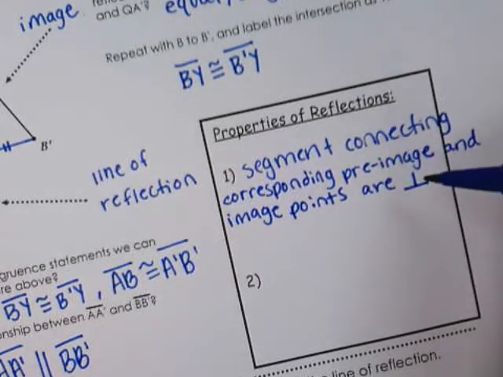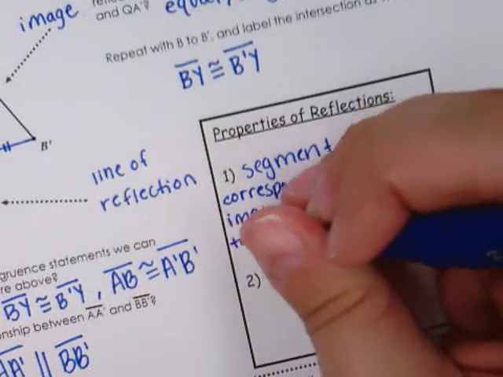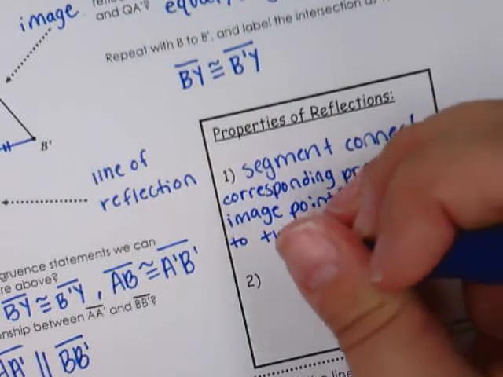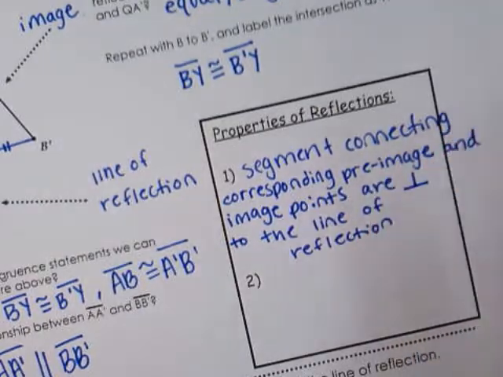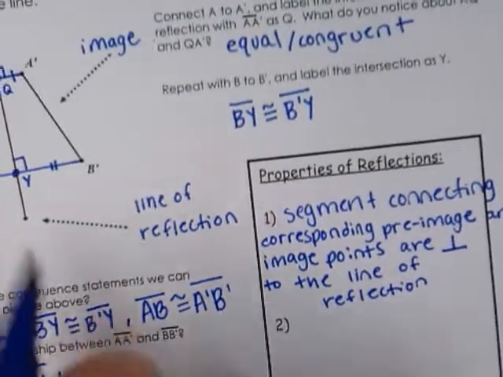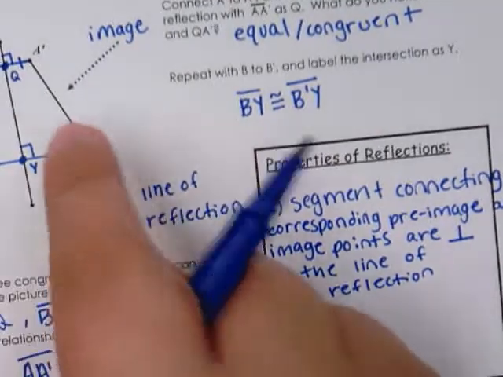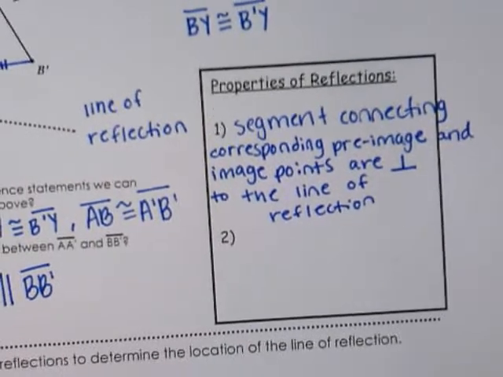Remember, we can do the upside down T for perpendicular, or perpendicular to the line of reflection, and that's the line in the middle. So this is the first property we saw, that we found that AA prime was perpendicular to this line, and so was BB prime.